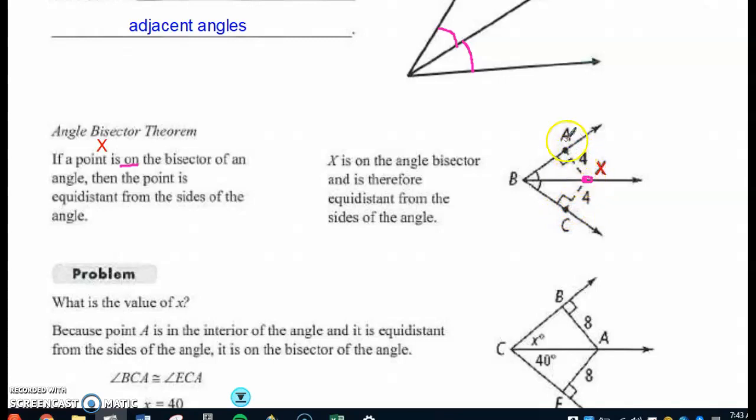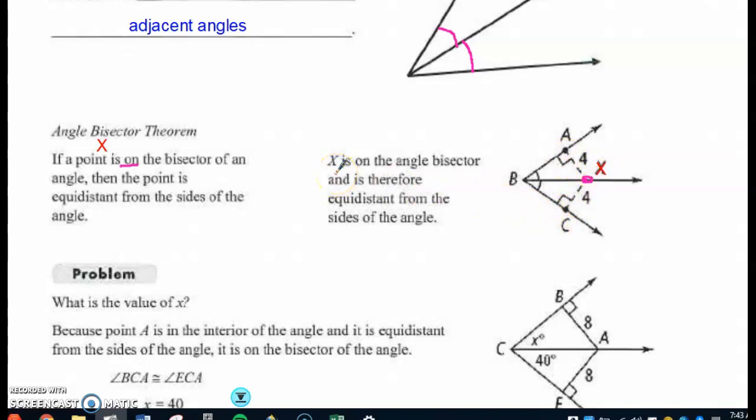So XA and XC are both 4 at a perpendicular. That's the shortest distance. That's what this theorem says, that if X is on this ray, then it's equidistant from the sides. Both sides, X to the angle, they're both 4.